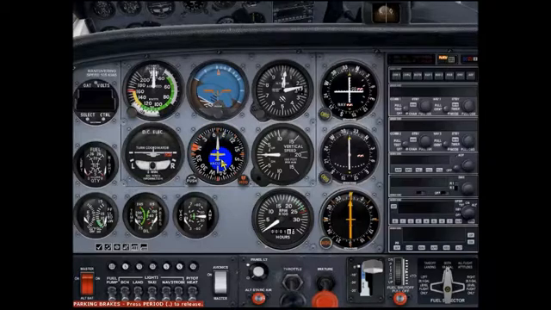Here we have a DG, Directional Gyro, or heading indicator. Currently, it's looking at 73 degrees. I like my little helper there. Marker 73 degrees. North will be considered 0 or 360. There are 360 degrees in a circle.